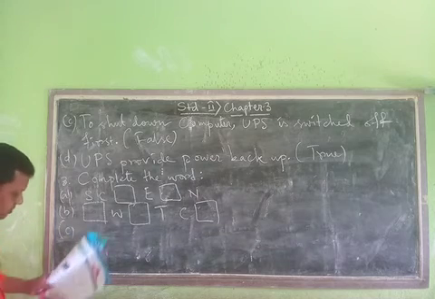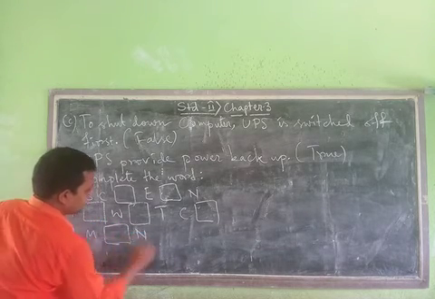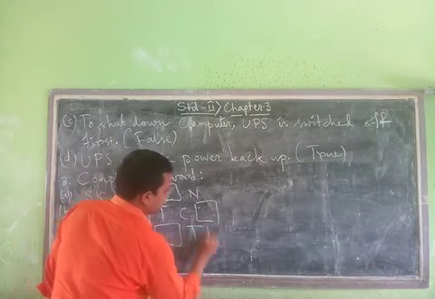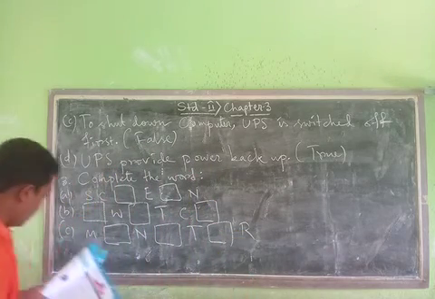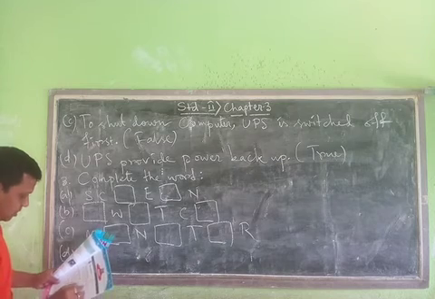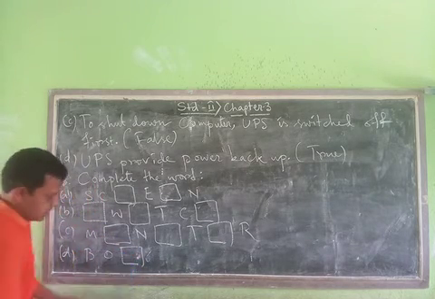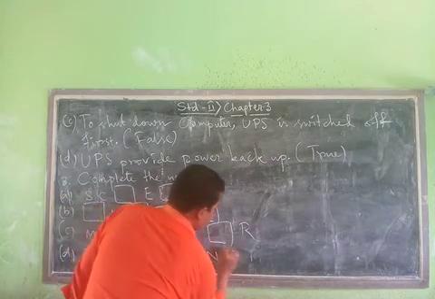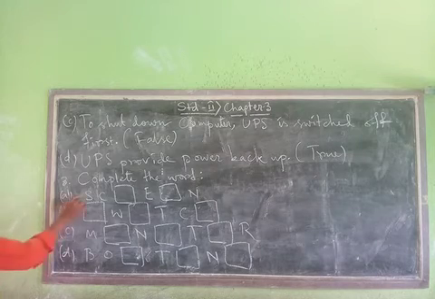Number C: M dash N, M dash N dash T dash dash E dash and R. Number D, the last one: B O dash T dash N dash. Complete the word: SCREEN.